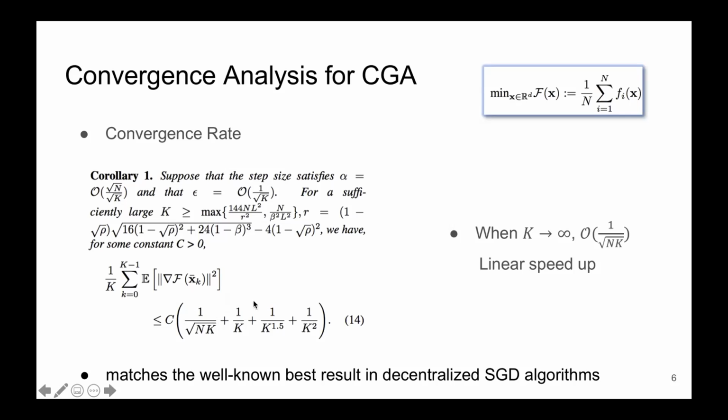I mean, by the way, all the other algorithms I mentioned before can also achieve the linear speedup. And this convergence result matches the well-known best result in decentralized SGD algorithms.